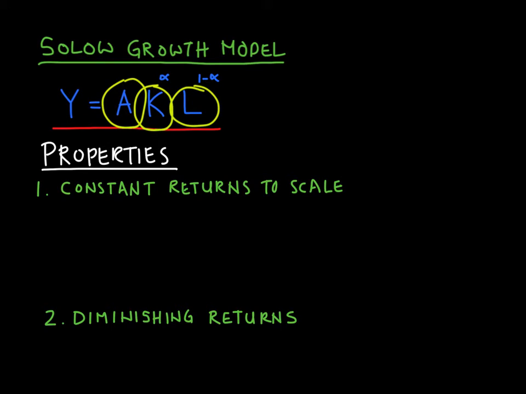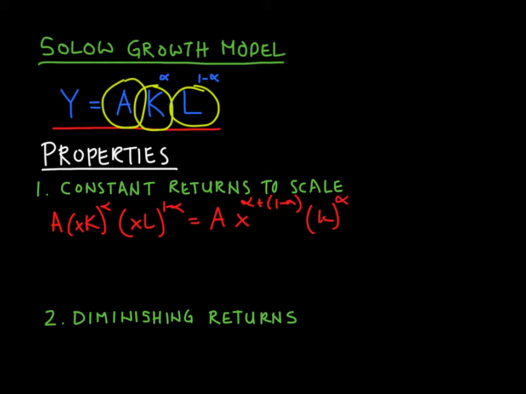So if I wrote A times (xK) to the power of alpha, (xL) to the power of 1 minus alpha, we can simplify that, and what we get is x to the power of alpha plus 1 minus alpha, times K to the power of alpha and L to the power of 1 minus alpha.